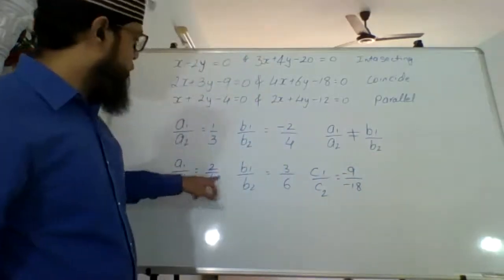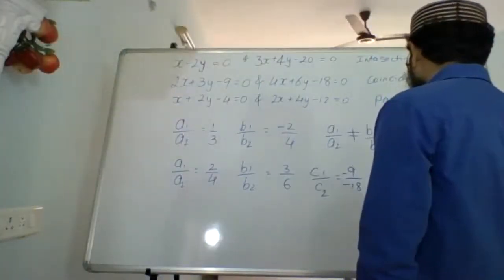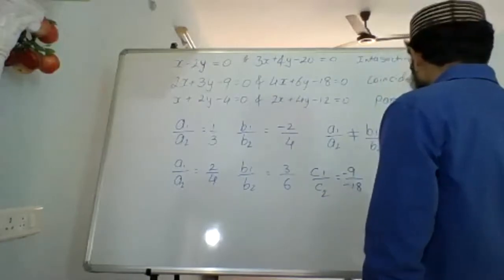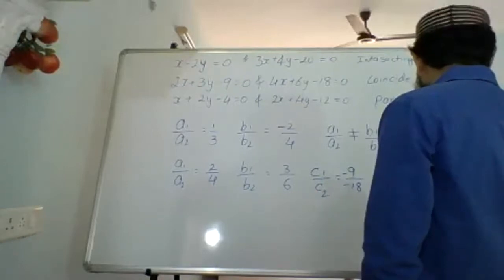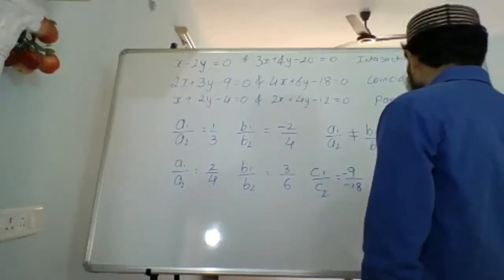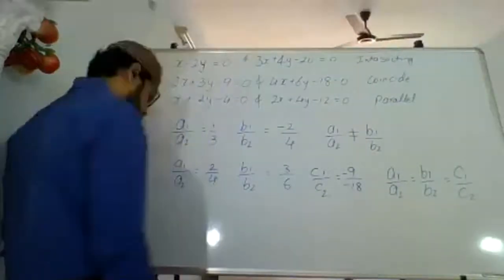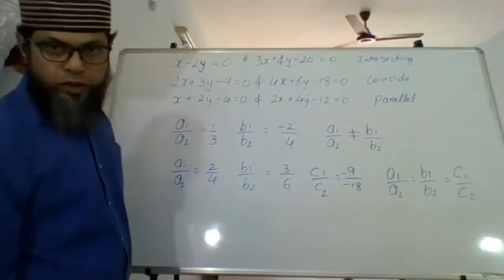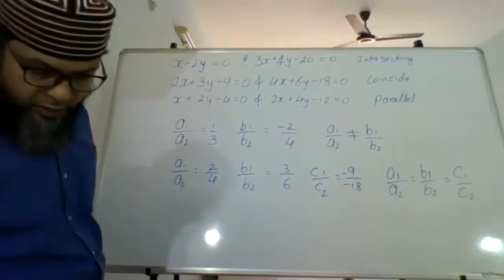So this is 1 upon 2, 1 upon 2, 1 upon 2. That is a1 upon a2 equals b1 upon b2 equals c1 upon c2. Then the lines are coincident.